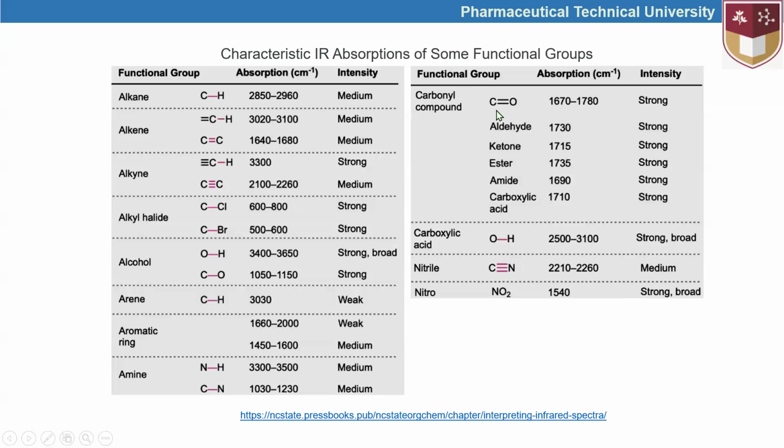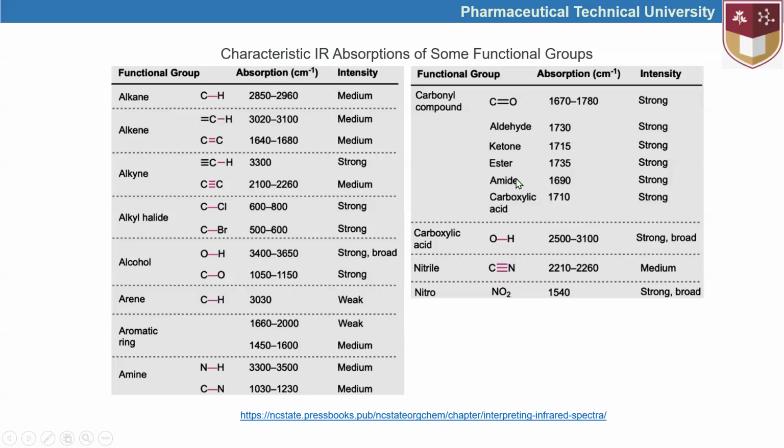And this is a good example that I tried to deliver in previous pages, that the carbonyl group has a wide absorption ranging from 1670 to 1780, right?